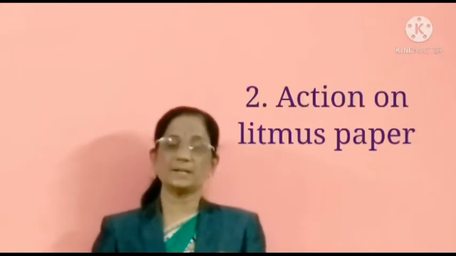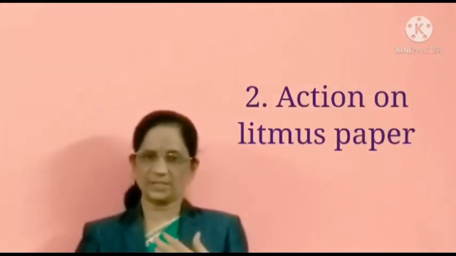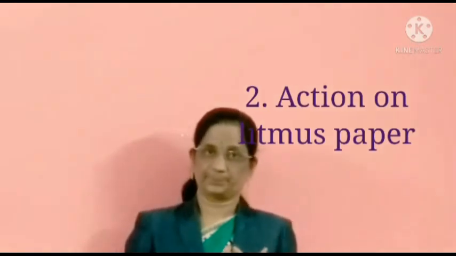Carbon dioxide is neither combustible nor a supporter for the combustion. So it will not burn and it does not support burning also. Second property, action with the litmus paper. Carbon dioxide turns moist blue litmus paper into red, and that's why we call carbon dioxide is acidic in nature.